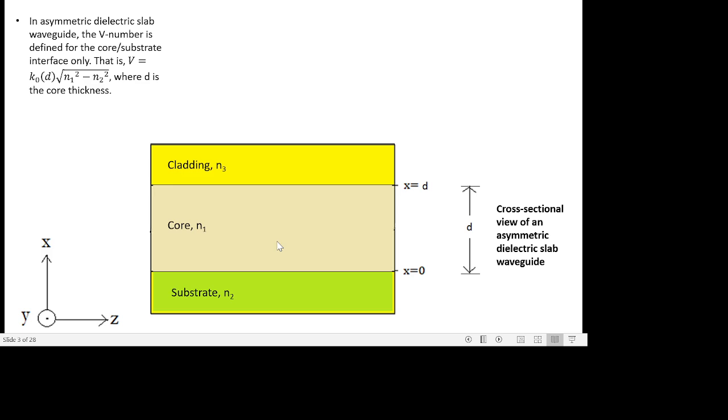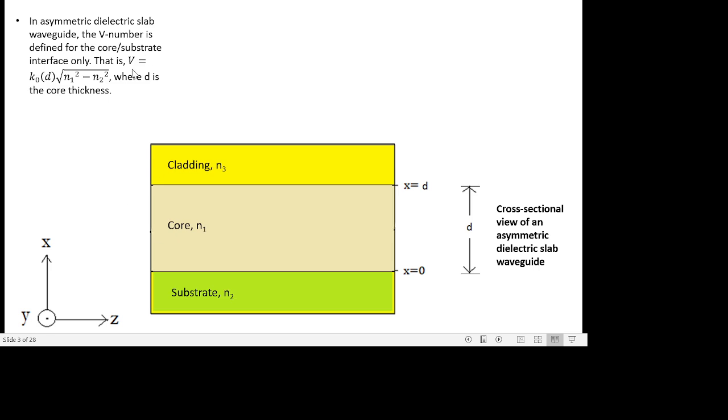Now let's take a look. In a symmetric waveguide, we have the V number. We also have the V number for the asymmetric dielectric slab waveguides, but the V number will be defined for the interface between the core and substrate.